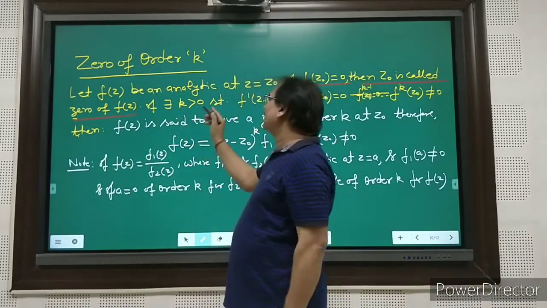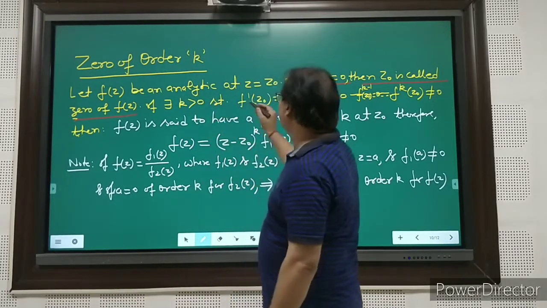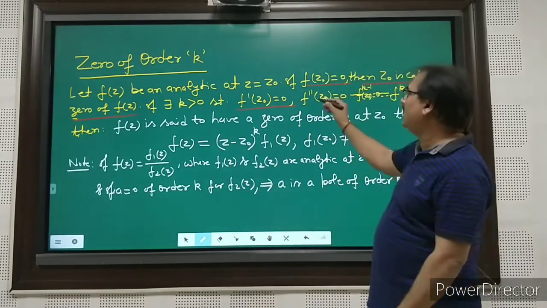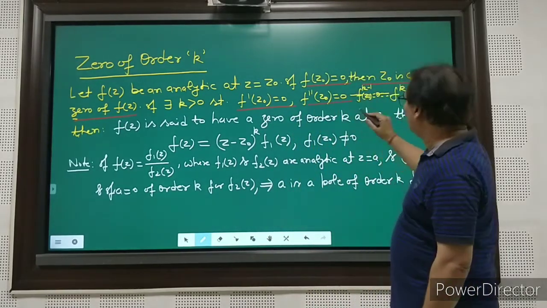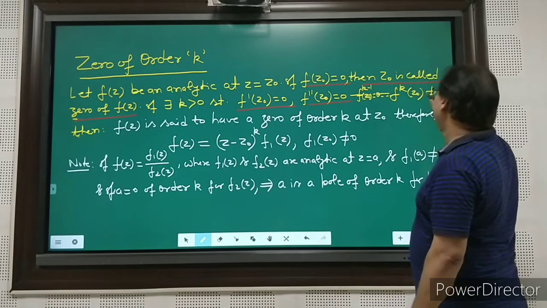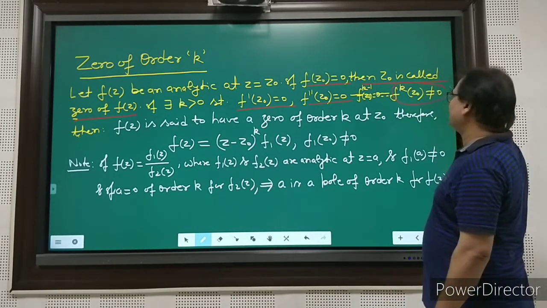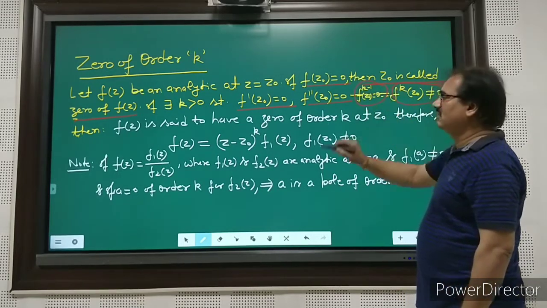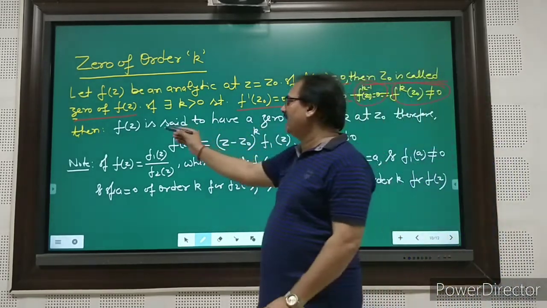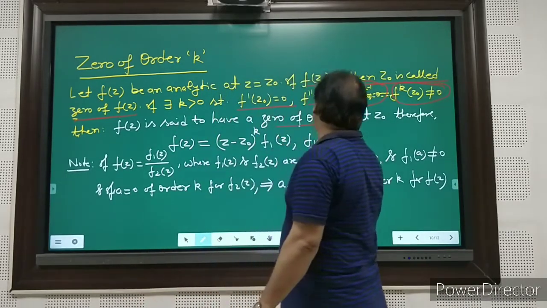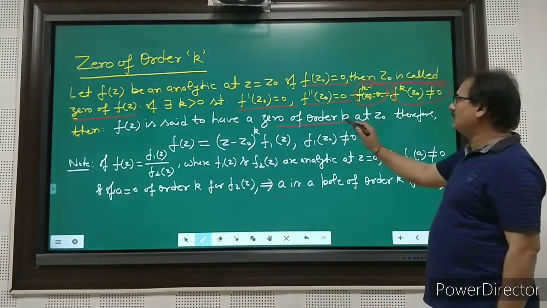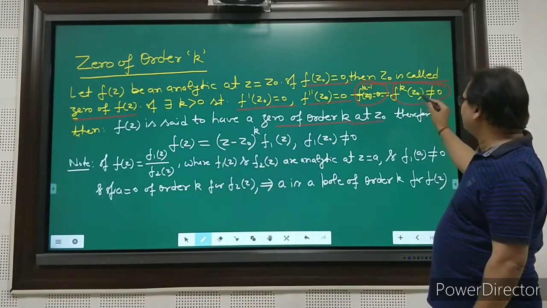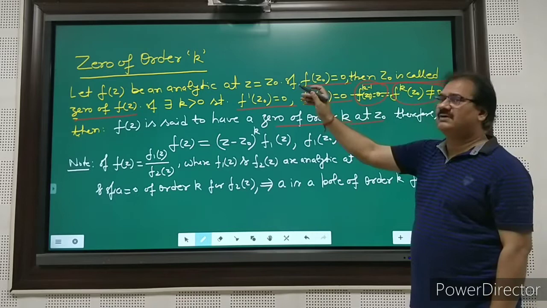If there exists a positive k such that f'(z0) is equal to 0, f''(z0) is 0, and up to f^(k)(z0) is non-zero, mind it, the highest derivative is non-zero but the previous derivatives may be 0, then we can say that f(z) is said to have a zero of order k. So the last, higher term is non-zero, but all the previous terms are 0.